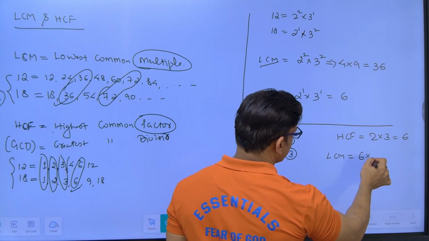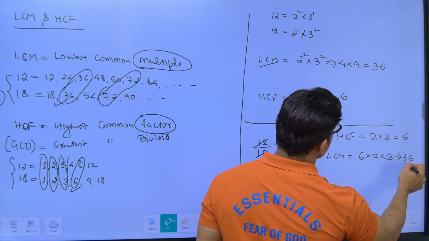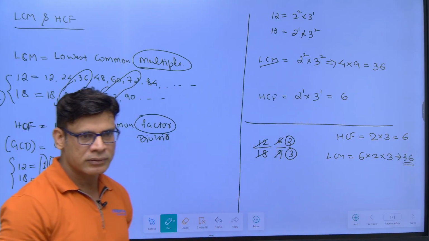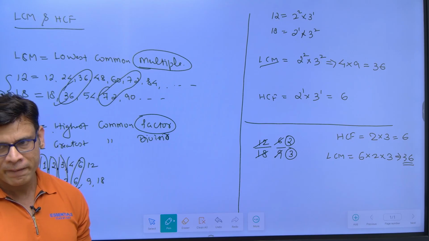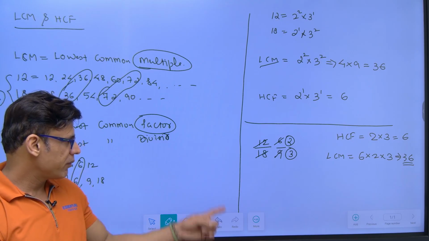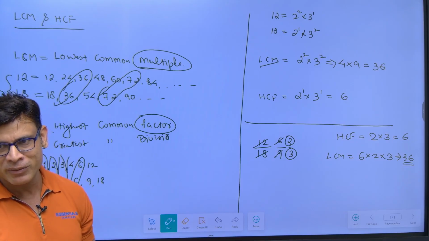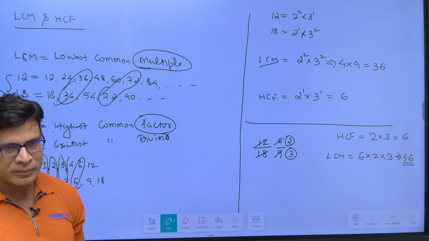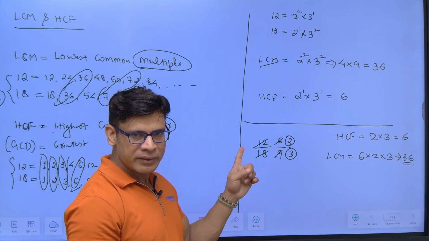So 6, 2 into 3. How much is it? So you got LCM and HCF simultaneously. We have done these things in school, but you never knew that this is nothing but LCM and HCF. Understood?